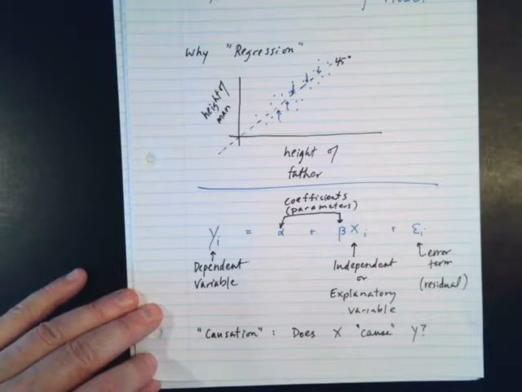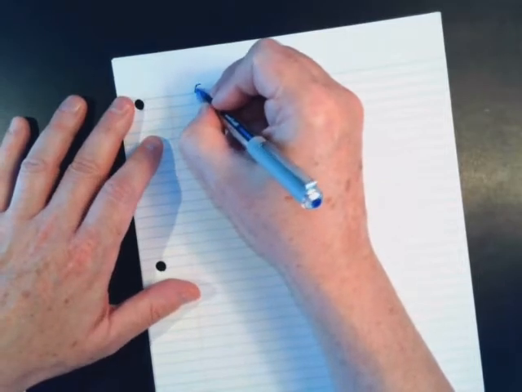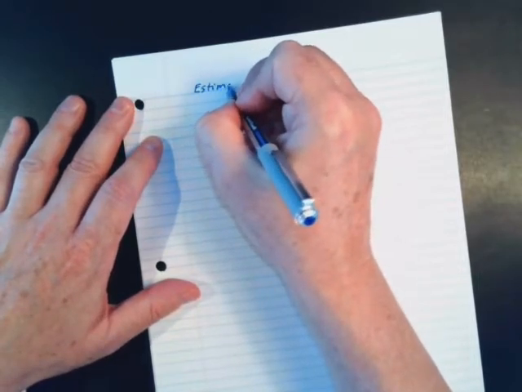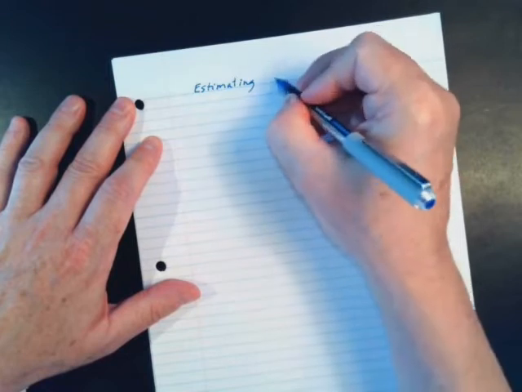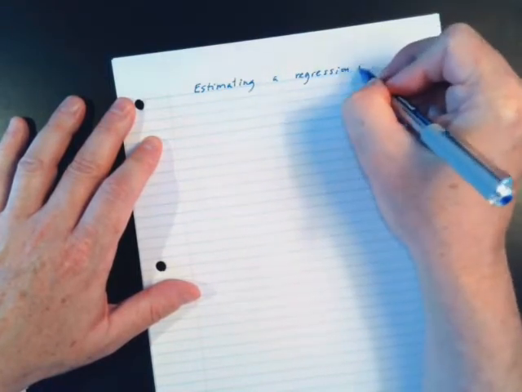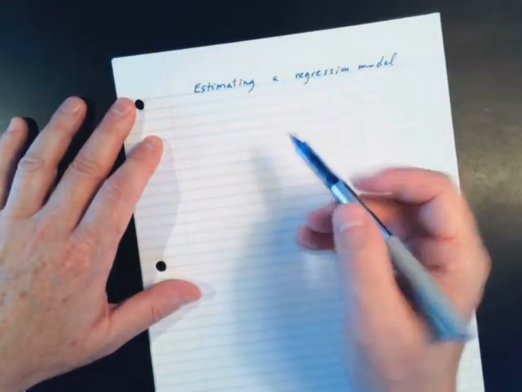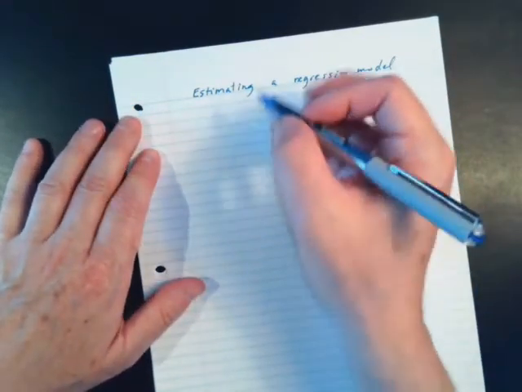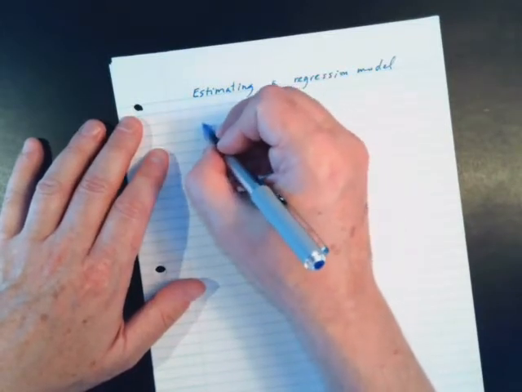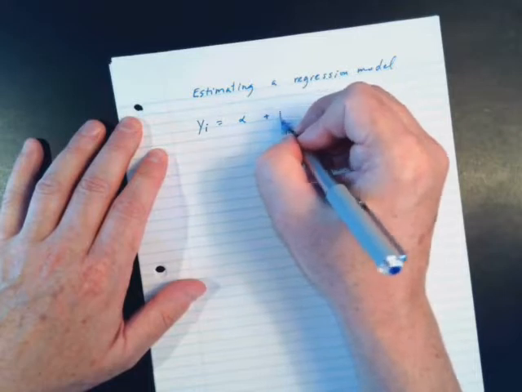and next we're going to talk about how we estimate these coefficients alpha and beta. So, what we are looking at now is the question of estimating a regression model. Sometimes we'll refer to it as fitting a regression model, and in particular, so we go back to our regression equation.